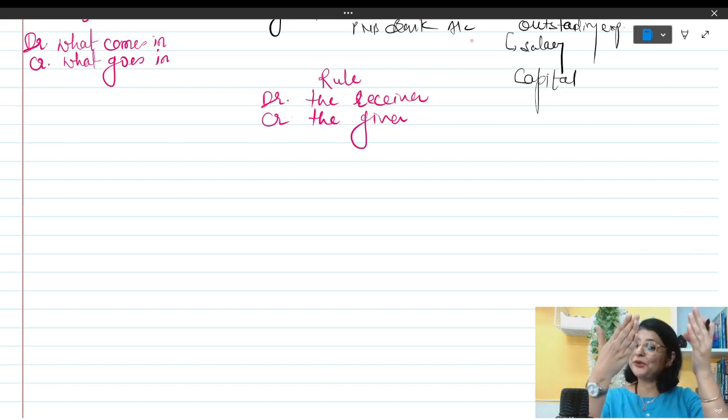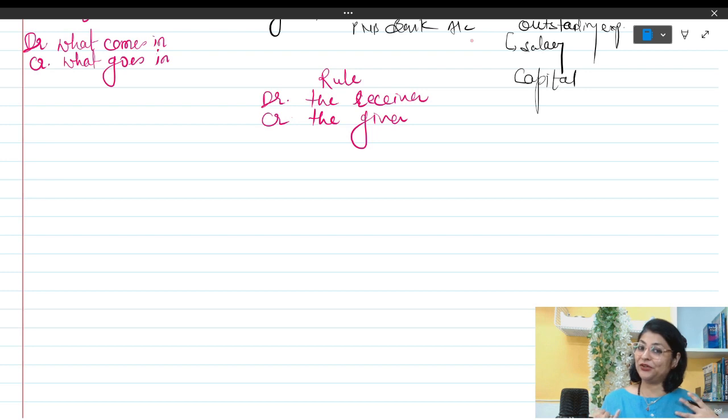Suppose Ram had to pay us something, so Ram is paying us, then we will write Ram's account on the credit side, because in this case Ram is the giver. So debit the receiver, credit the giver, in all three types of personal account. The internal classification of personal account as natural person, artificial person, and representative person will remain the same, but the rule is going to be the same for everybody.